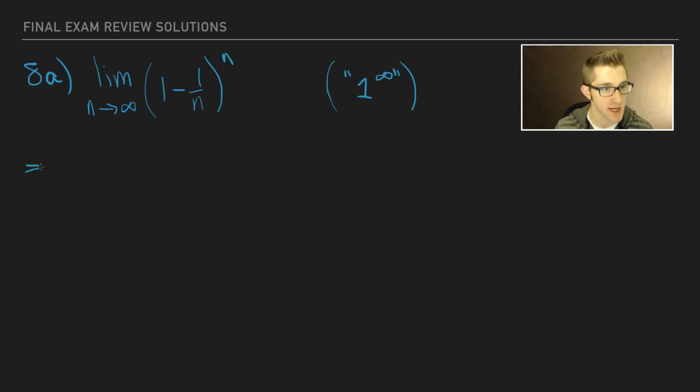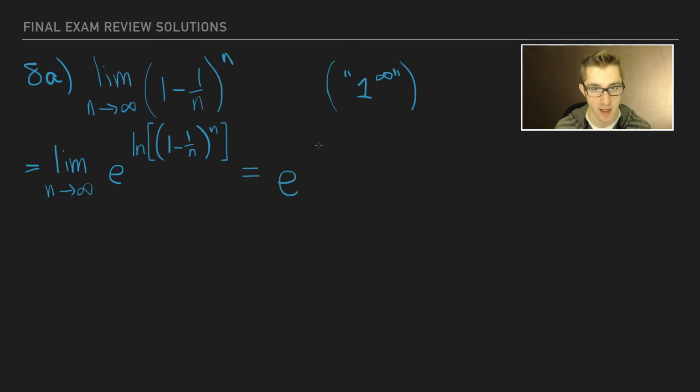What I want to do instead is exactly the same procedure. I'm just going to do it without defining a new variable. I'm going to write this as e to the natural log of that expression. Observing that this didn't actually change anything because e to the natural log of whatever is whatever, because they cancel. Now, since e to the x is a continuous function of x, I can take the limit and bring it up inside the exponent.